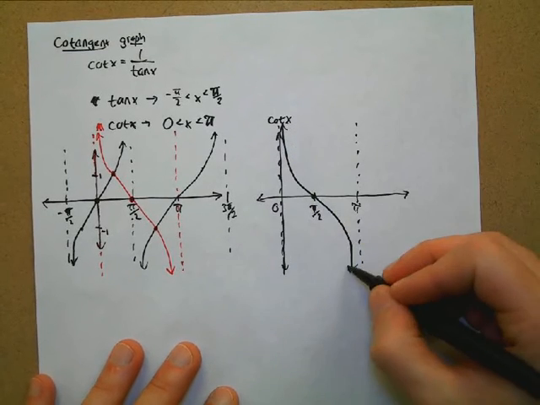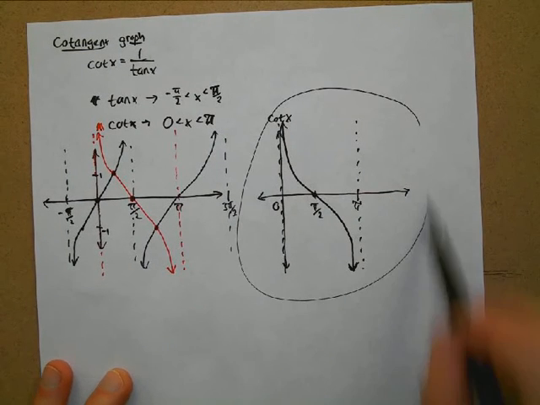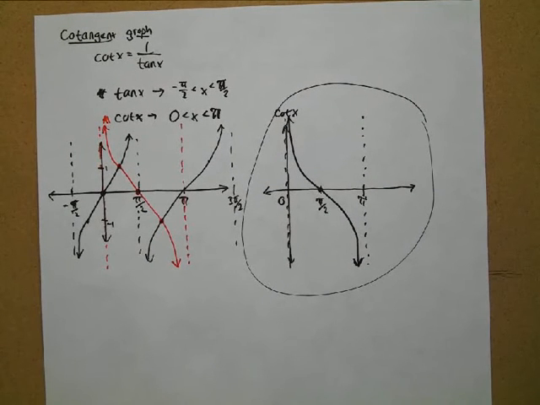For tangent, you go from negative pi over 2 to pi over 2. For cotangent, you go from 0 to pi. So there are 3 initial periods you'll have to have down. Sine, cosine, cosecant, and secant are all from 0 to 2 pi. Tangent is negative pi over 2 to pi over 2, and cotangent is 0 to pi. And then you do your shifts from there.